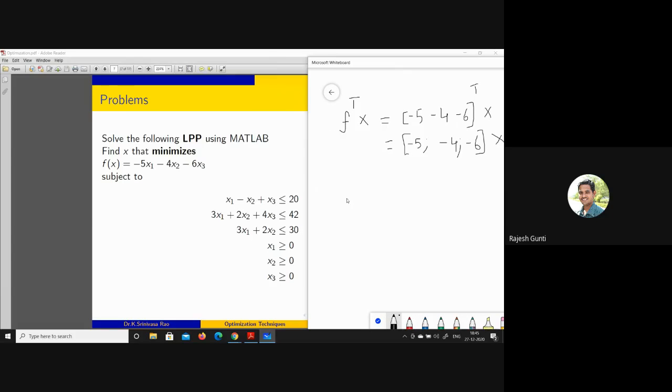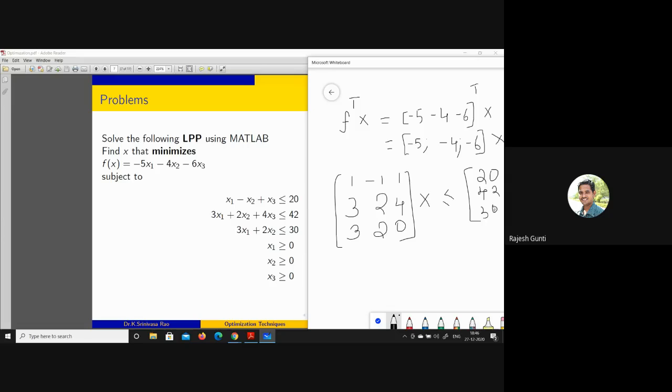I am writing the A inequalities as: 1, minus 1, 1; 3, 2, 4; 3, 2, 0, times x, that is x1, x2, x3, just writing x, less than or equal to 20, 42, 30.